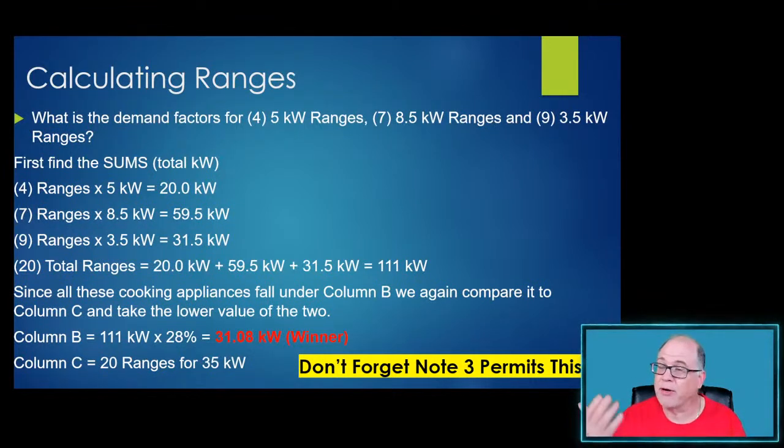Well, it was 35 for 20 under column C, but in this case, guess what? 31.08 kW is the winner every day of the week, and that's our load contribution for these ranges. Pretty straightforward, isn't it? Okay, don't forget, Note 3 permits this. Note 3 allows us to be able to use column B in lieu of column C, okay?